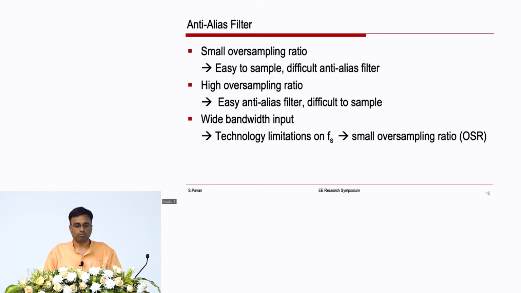In many cases where you have very wide band inputs, technology limitations basically mean that you cannot afford to sample at a rate much higher than Nyquist. Maybe you can only sample at twice the Nyquist rate, thrice the Nyquist rate, something like that. So, ideally we would like to sample at a much higher rate, but technology limitations, transistor speeds, prevent us from doing a good job at high frequencies.